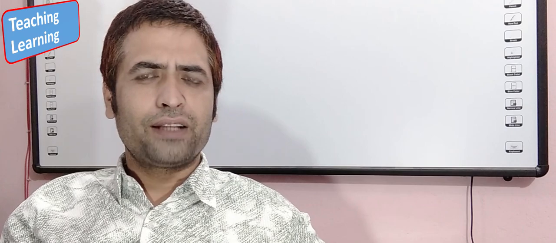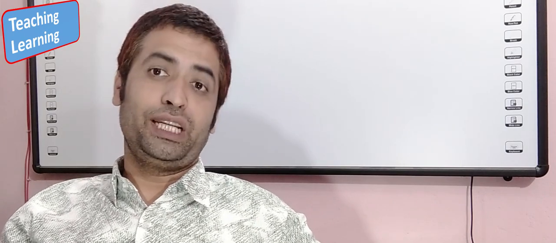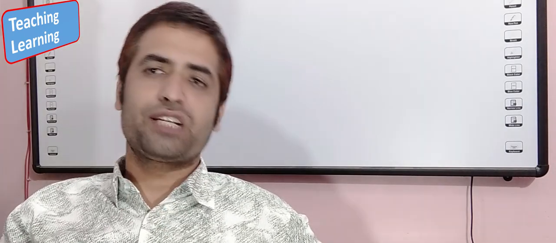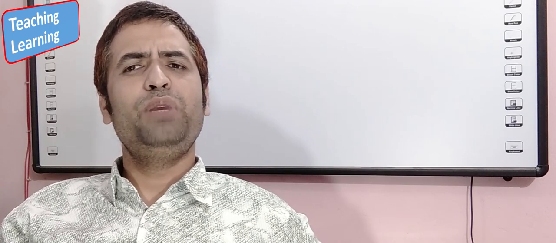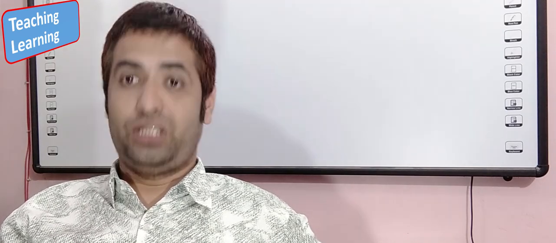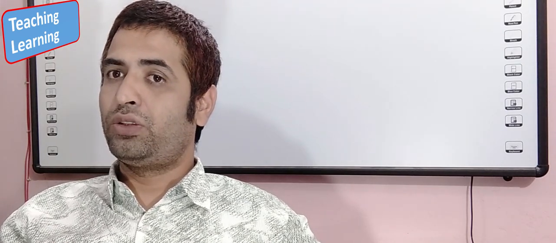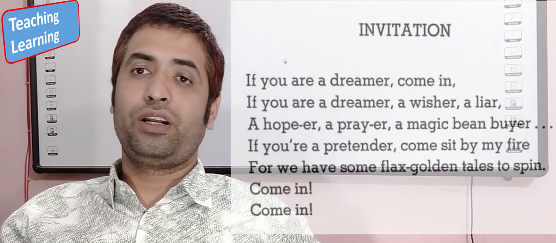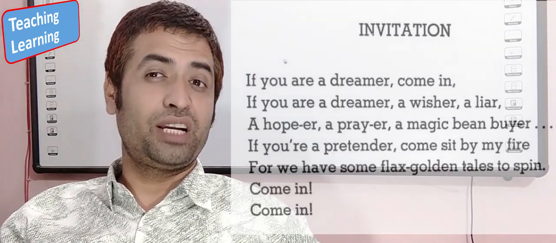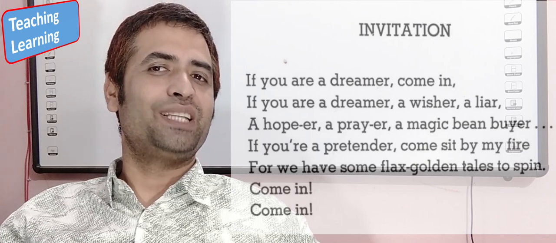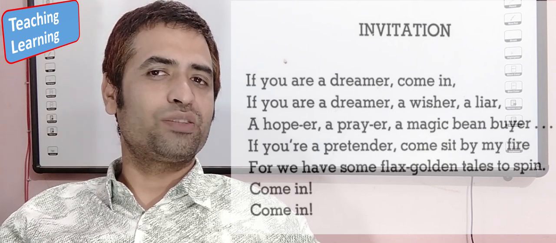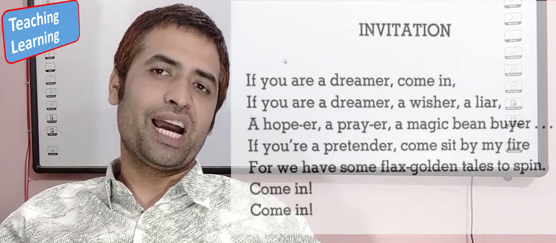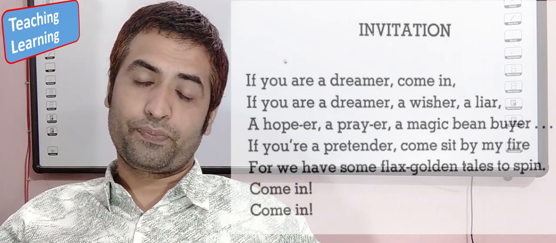Those things are raised in critical thinking. So here, in the case of Invitation, what might be the questions, the areas where we can show our doubt and uncertainty, or show that we are not convinced about the idea and message of the poet?